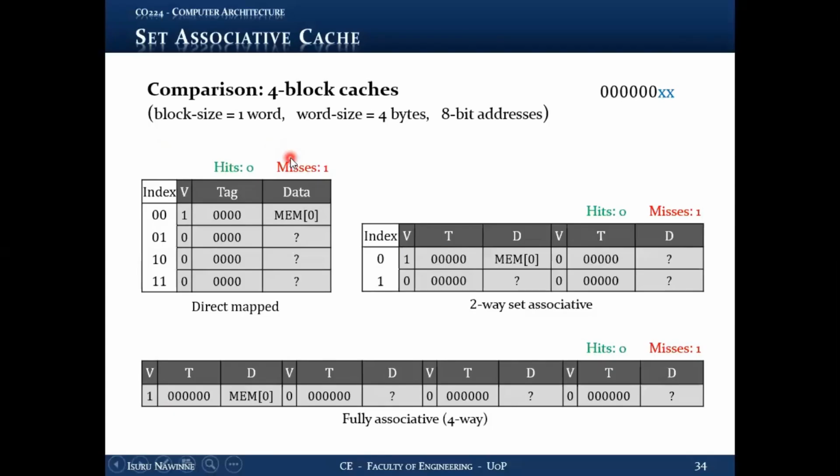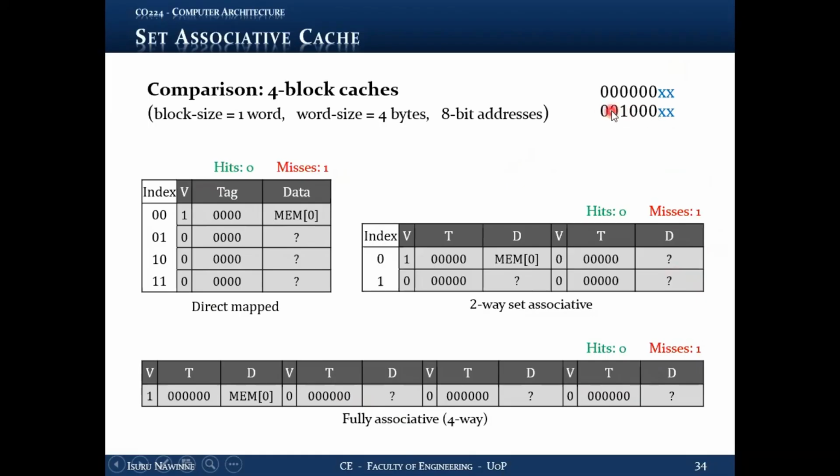So far this is the scoreboard. Direct mapped, one miss, two-way set associative, one miss, fully associative, one miss, right? All these misses are cold misses, right? Okay, now second memory address coming from the CPU, also a read, right? We are only looking at reads. So the offset we don't know, but the block address is 81000.